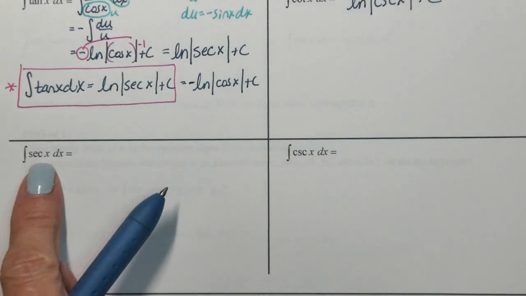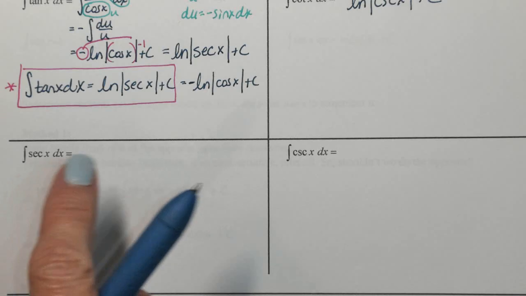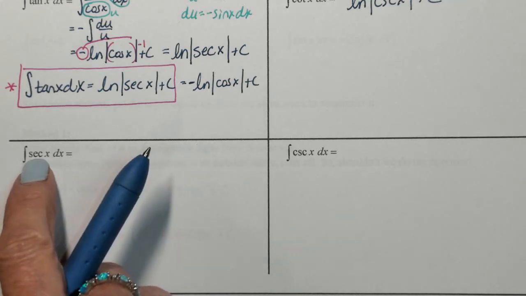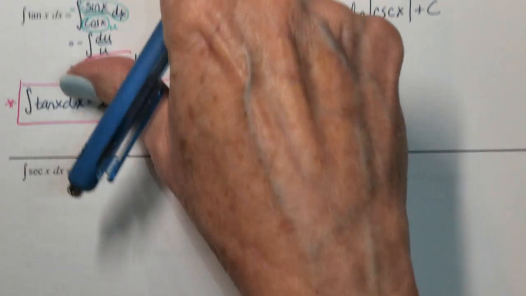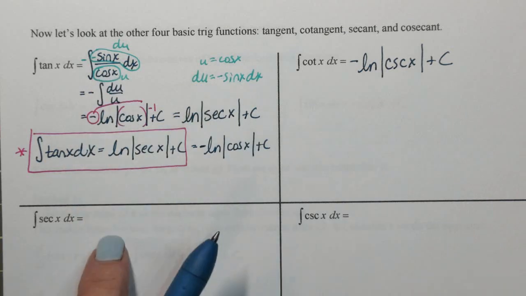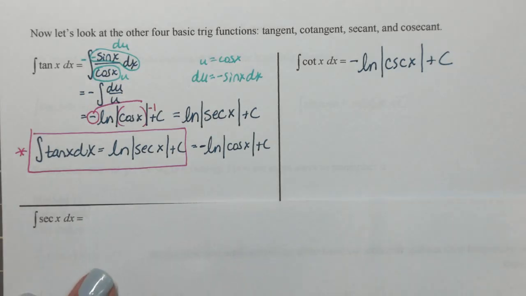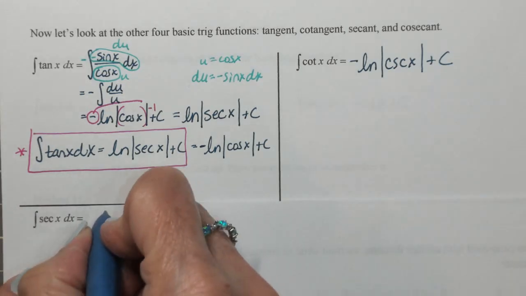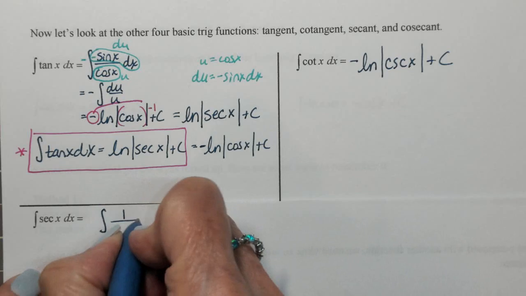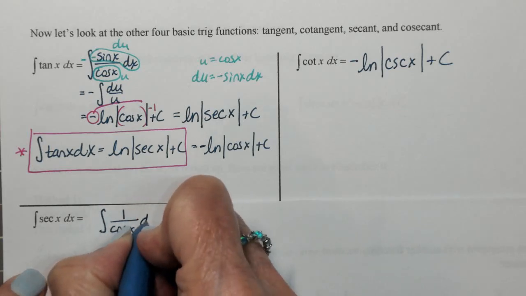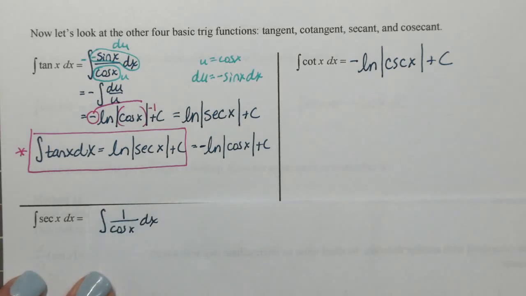The antiderivative of secant. Well, secant is 1 over cosine. If I said that that's the same thing as 1 over cosine, can we do a u sub on that?